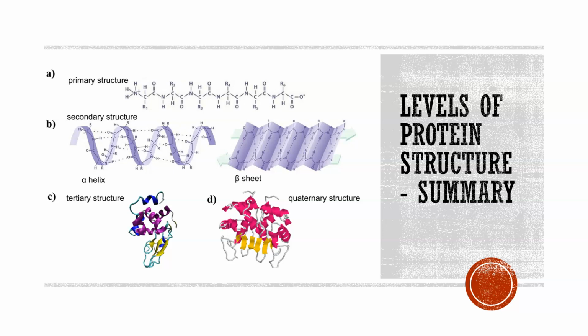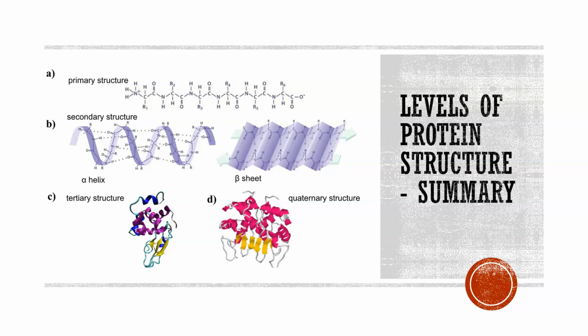All right, so levels of protein structure, the summary. Primary, that is that initial stage of our polypeptide chain forming, okay? Secondary, those hydrogen bonds start to form to get us our alpha helix and our beta sheet, okay?